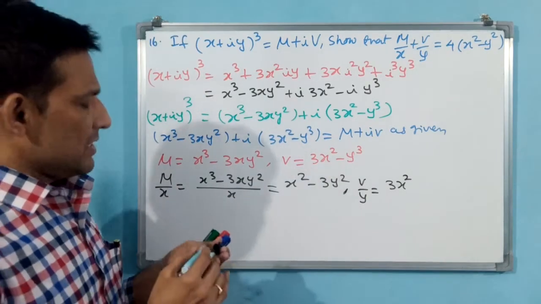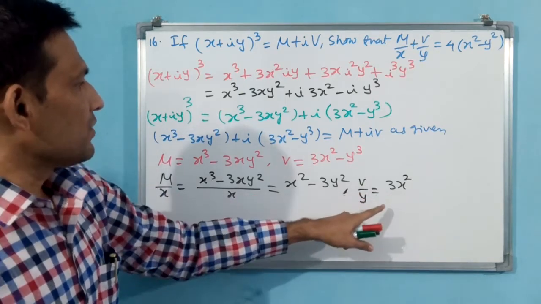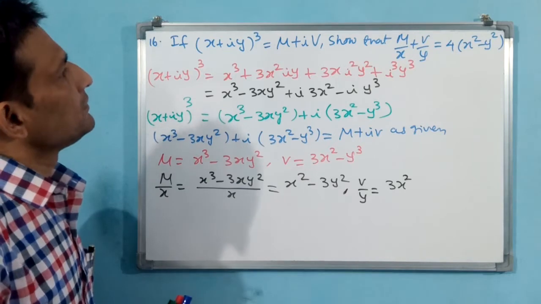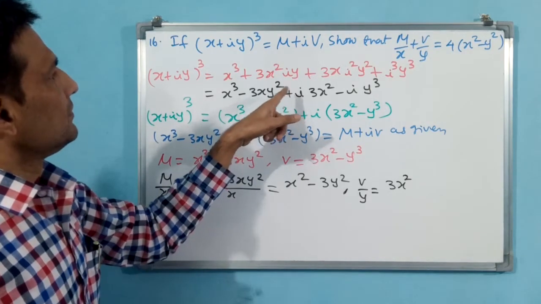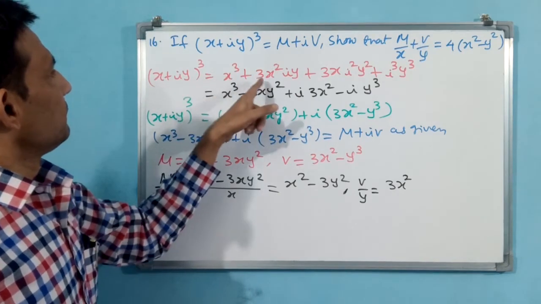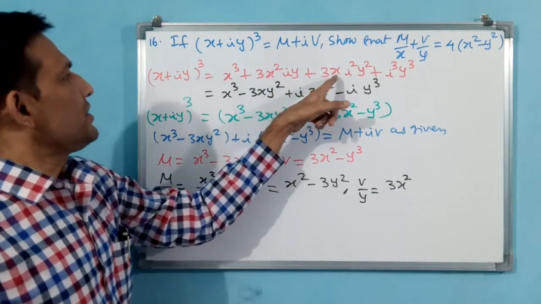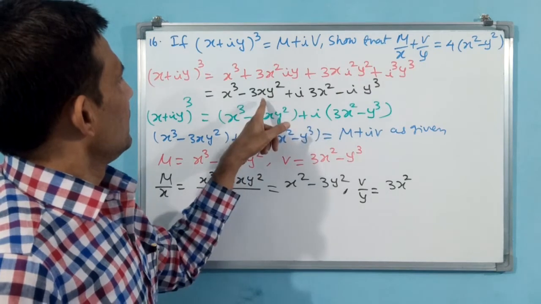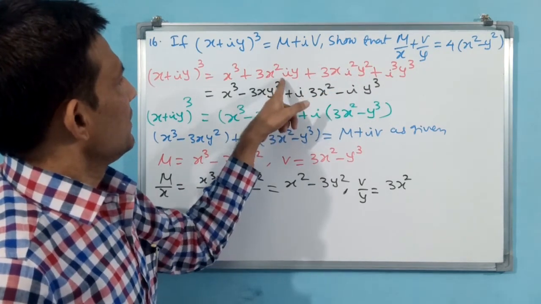Somewhere we have made a mistake. Why? Because you see, for v, y has to come common, but y is not there here. Where have we made a mistake, you see. Here 3a square b, okay. 3ab square is also okay. y square has come, okay.